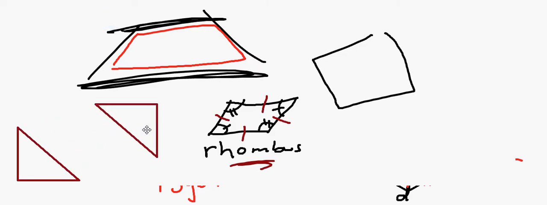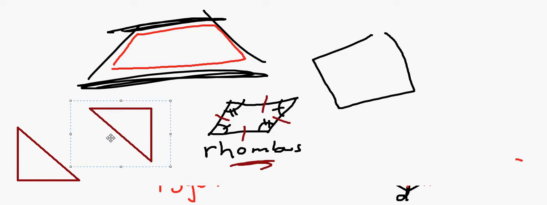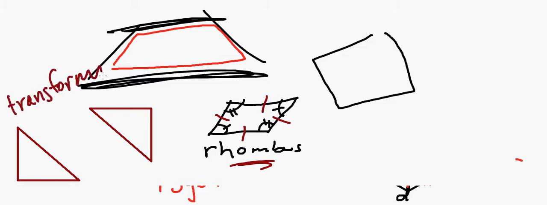See, this is still congruent with the other one. It's just been flipped and also translated. These are all examples of what we call transformations. I have been transforming the shape. It's still congruent.